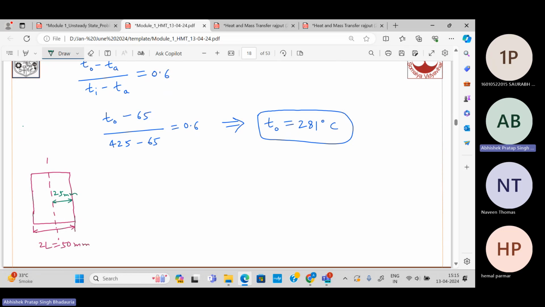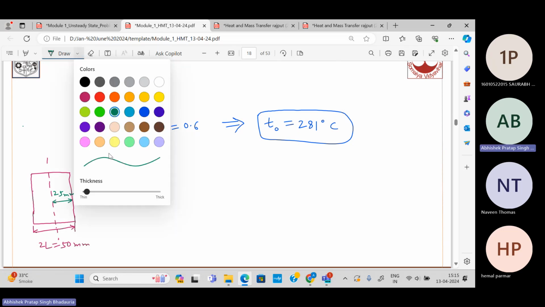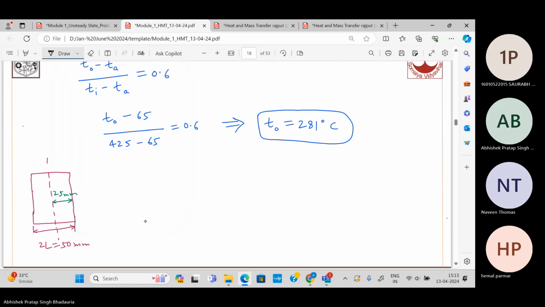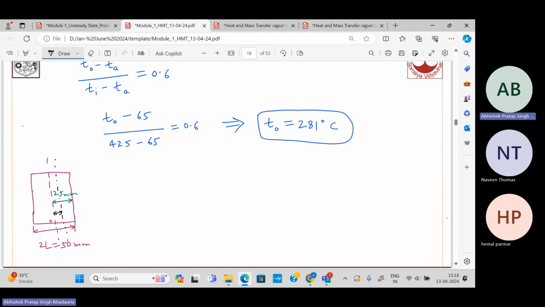And we have to find the temperature at a location 12.5 mm. So we have to find the temperature at the location 12.5 mm away from the center line or mid plane within the plate.